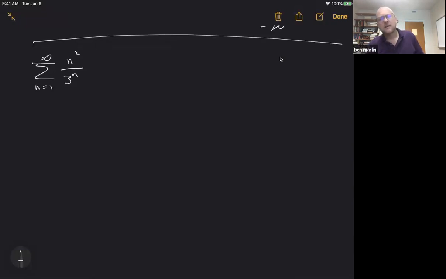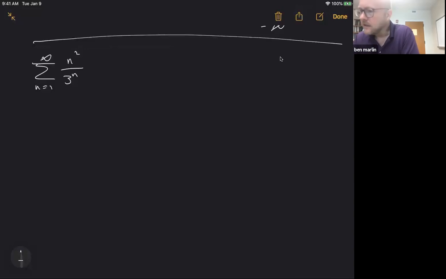The trick on this is that the 3 to the n downstairs there, in the denominator, is way more powerful than the n squared. So it's going to infinity way faster, in the nature of an exponential.